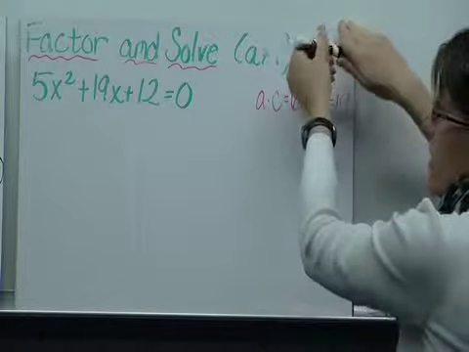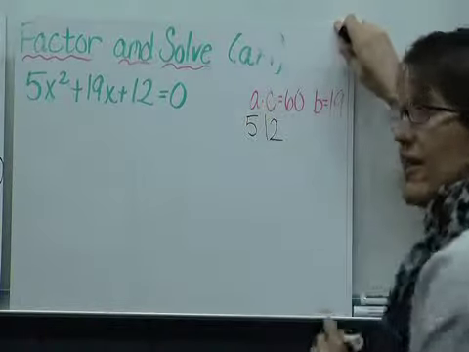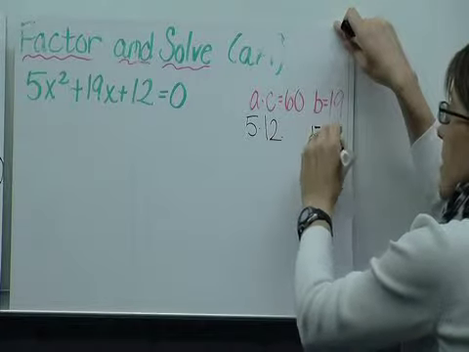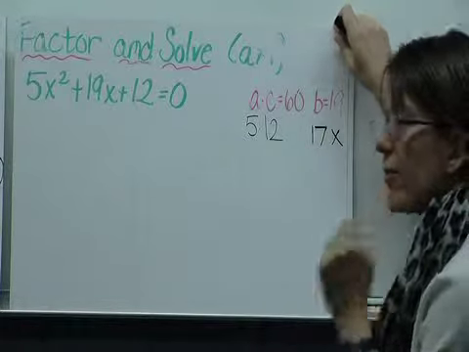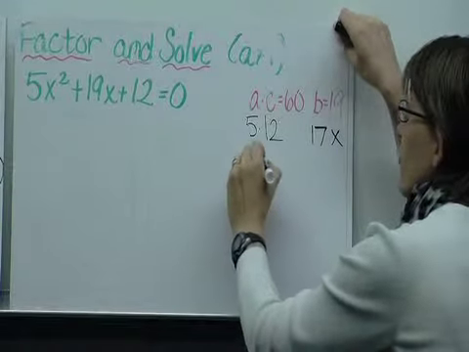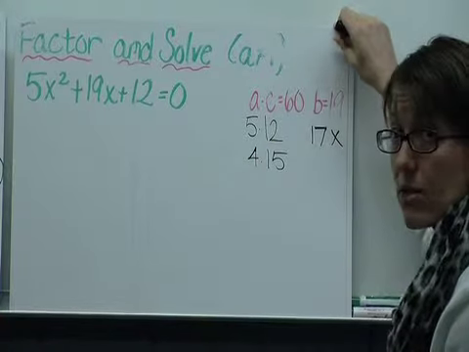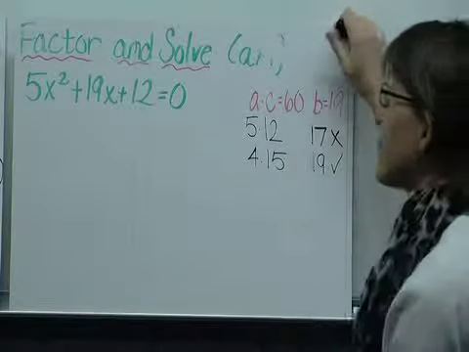So the first pair I think of is, I'll just check 5 times 12. 5 times 12, that's 60. But 5 plus 12 is 17. That doesn't work. So I think of another pair. How about 4 times 15? 4 times 15 is 60, and 4 plus 15 is 19.